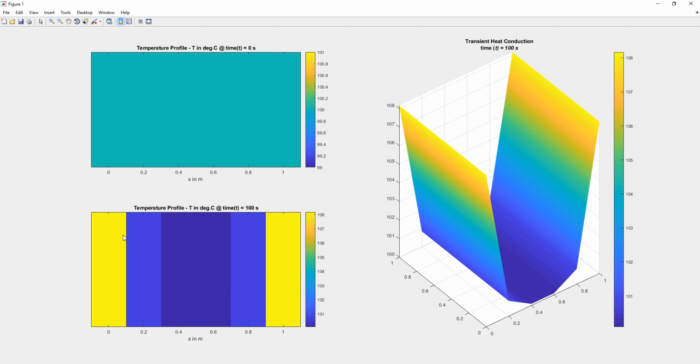The temperatures at the ends are higher as the heat goes into the bar from the ends. The temperature at the center portion has the lowest value. The right hand side shows the surface plot, and there's a color scale indicating the temperature scale.